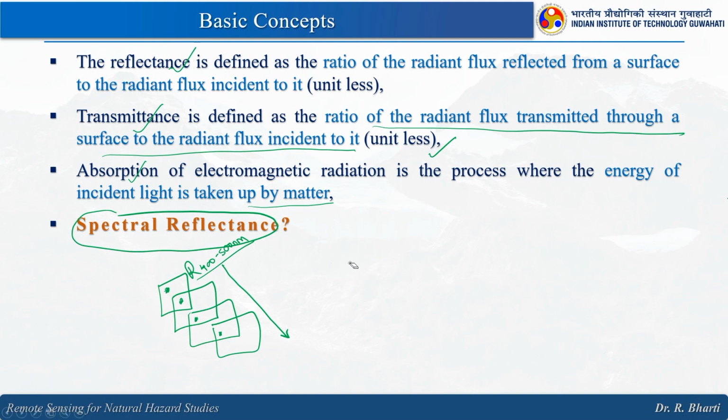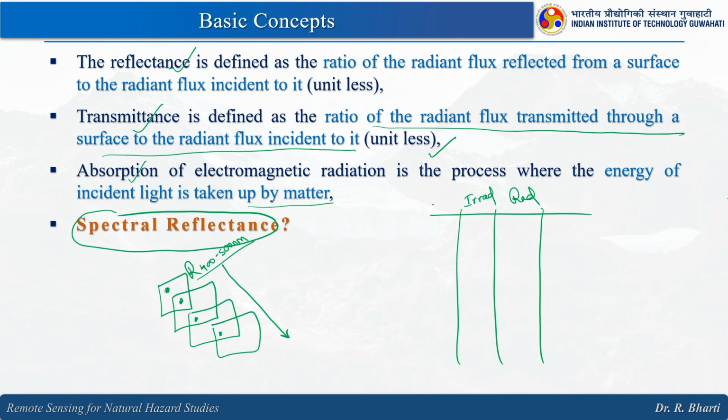So, in such situation what happens, you have two columns, you have irradiance and this is radiance and this is the location. So, let us say for this particular area, in one particular point, you have used that instrument to measure the irradiance and radiance, and this wavelength.